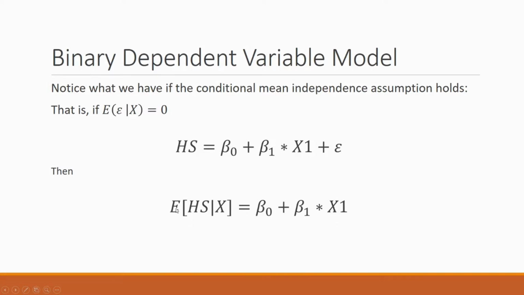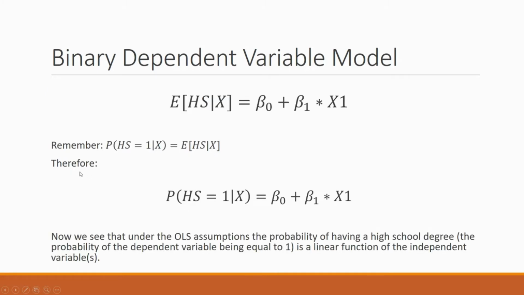Now, remember that the expected value of the high school degree variable, the expected value of a binary variable, is the same thing as the probability that that binary variable equals 1.